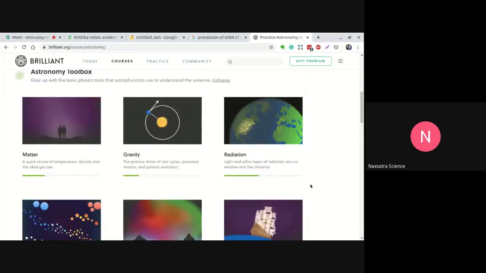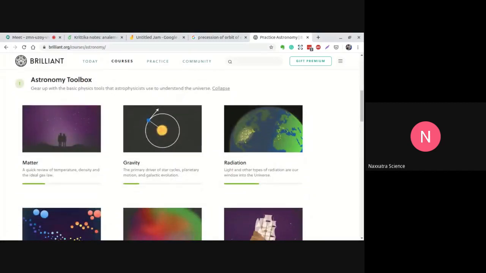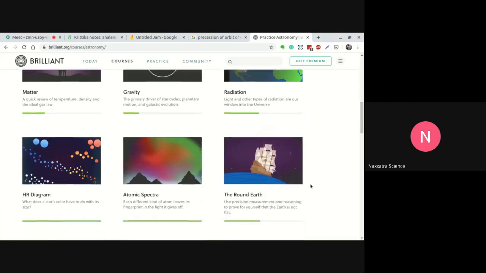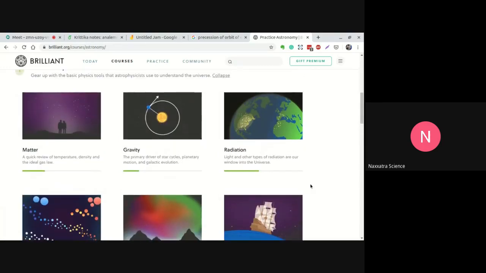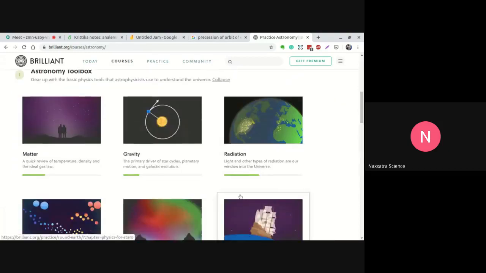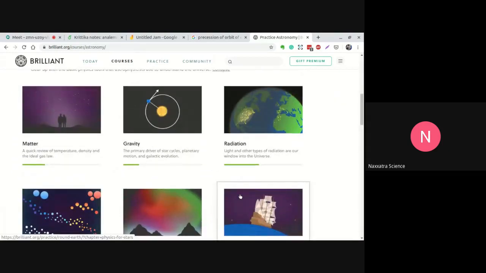You should know some amount of math, but also you should have a paper and pen in hand along with a calculator. Okay. And it takes a bit of patience. You're going to sit down, you're going to crunch through numbers, but it's a very practical way of learning these concepts. Okay. So Brilliant is a whole bunch of courses, but these are not available freely to other people right now. So Nakshatra has a special subscription to these courses.